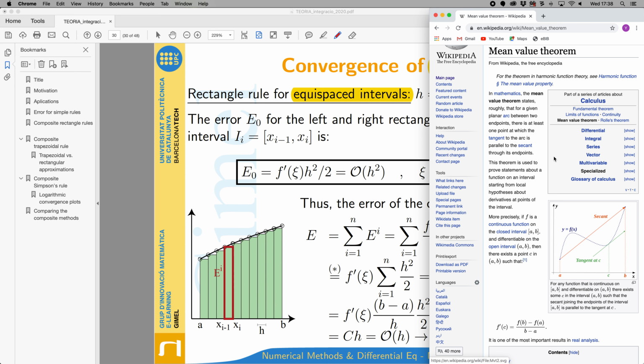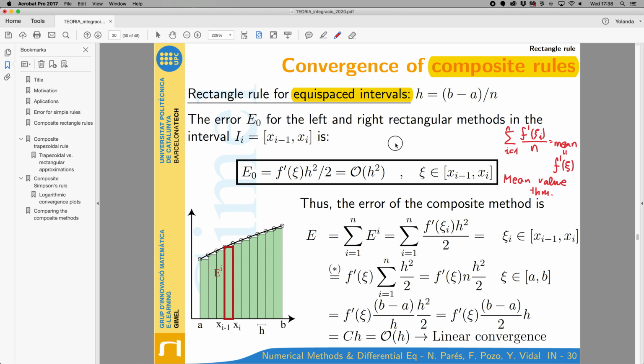So the mean value theorem says that this point exists and is in between a, b. So using the mean value theorem, this part here is equal to f prime psi times n. You can multiply this by n and it will come multiplying here.